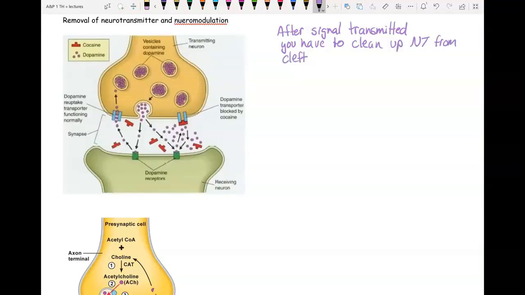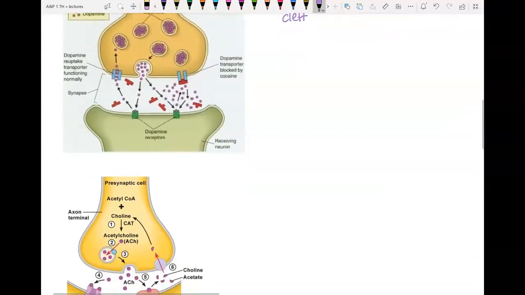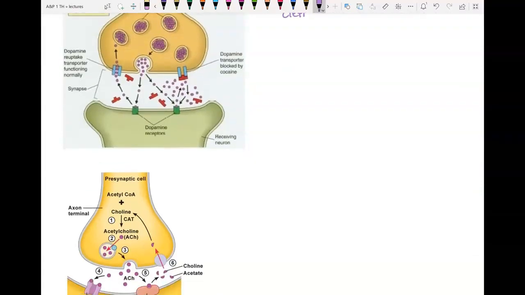There are two ways to clean it up. This way is showing reuptake, where you have transport proteins that will move the neurotransmitter back into the knob.